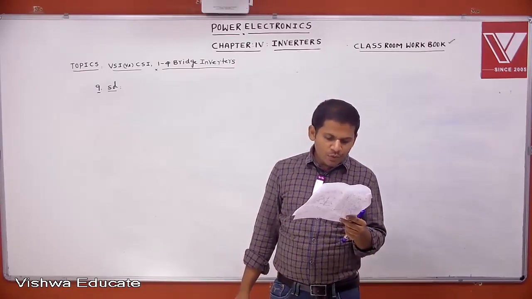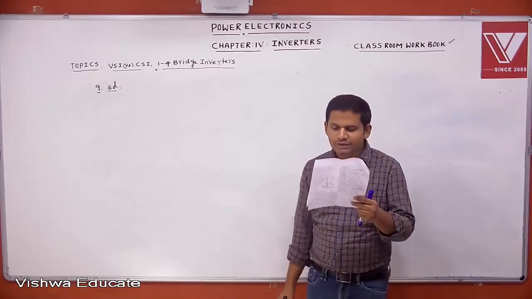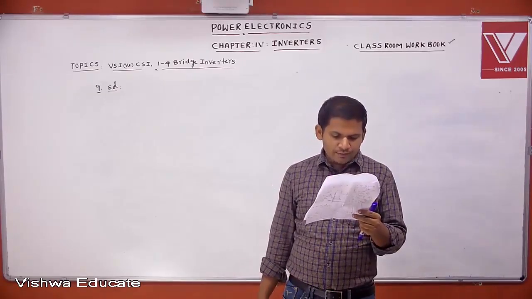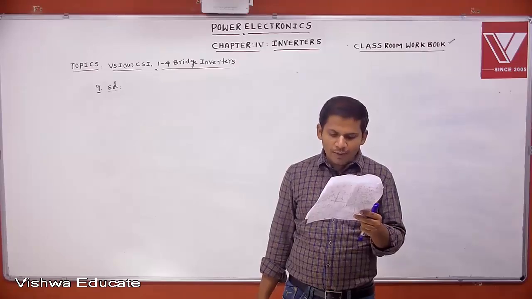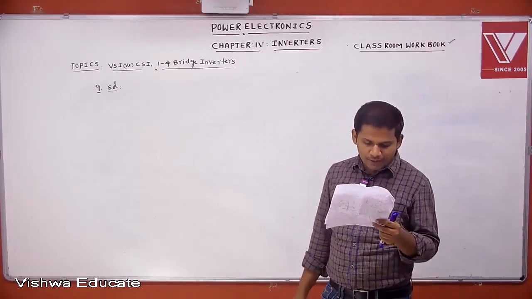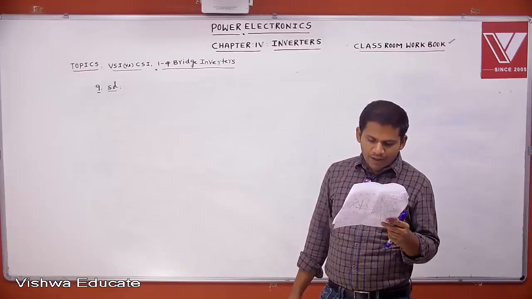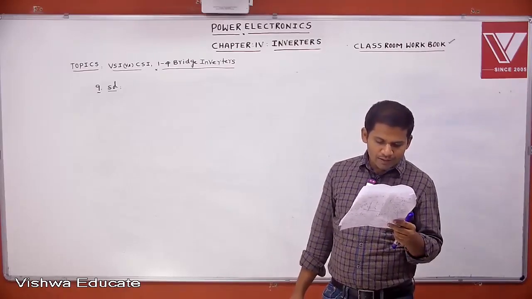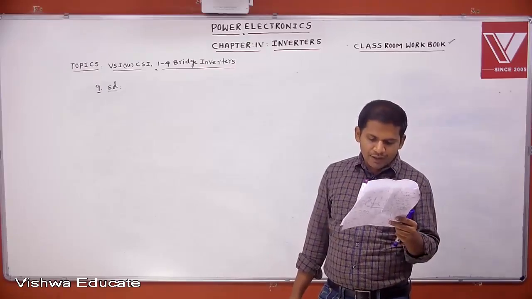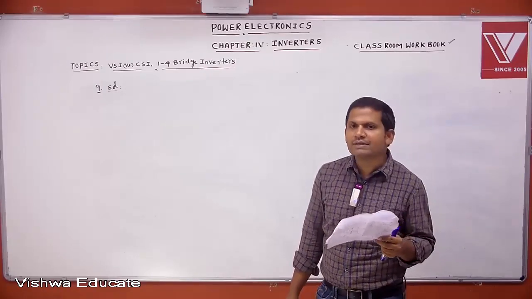The DC input voltage is 230 volts and the output frequency is 50 Hz. Find the expression for load current up to fifth harmonic. Also calculate the RMS value of fundamental load current, the power absorbed by the load and the fundamental power, the RMS and peak currents of each thyristor, and the conduction time of thyristors and diodes if only the fundamental component is considered.